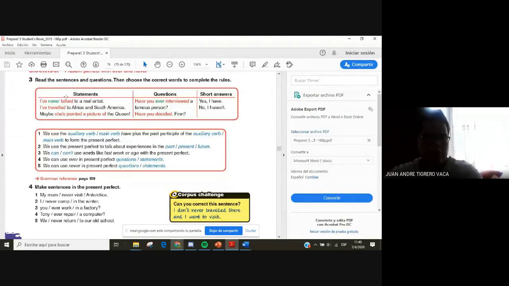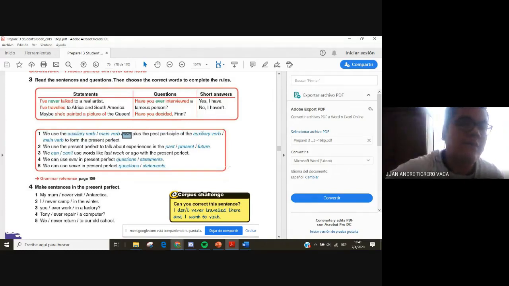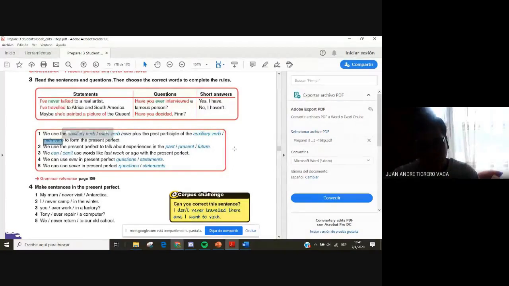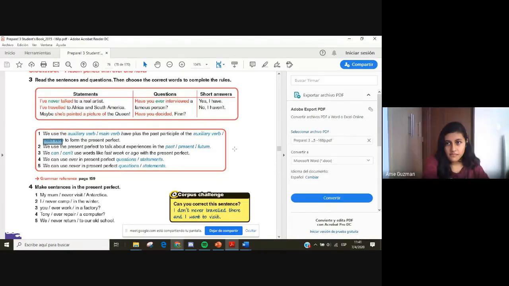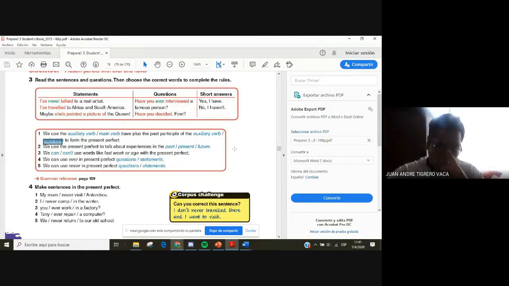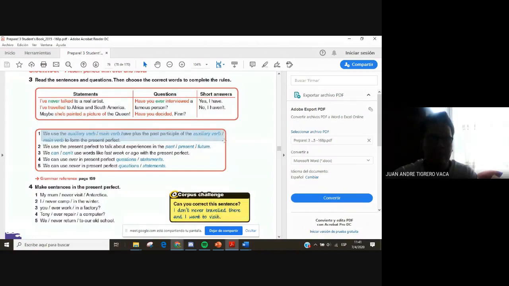So we use the auxiliary verb have plus the past participle of the main verb. Like I was saying, we can use work, that is a regular verb, so you don't change the whole verb, just the ending, worked, okay, to form the present perfect. So read that sentence. That's very important because that's the way you form the present perfect.